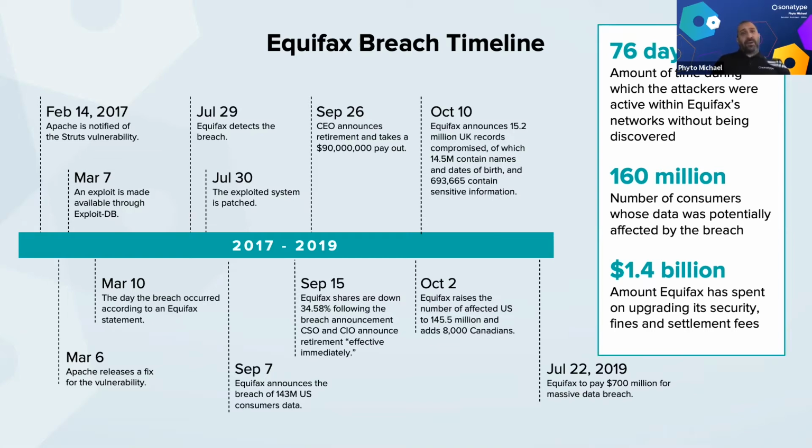So everybody knew that it was vulnerable and there was a fix available. 3 days later, Equifax were breached. From July 29th, they detected it. So it was a couple of months on. They patched it literally immediately. But by that point, the damage was already done. There were already 2 or 3 months of data breach occurring within Equifax.